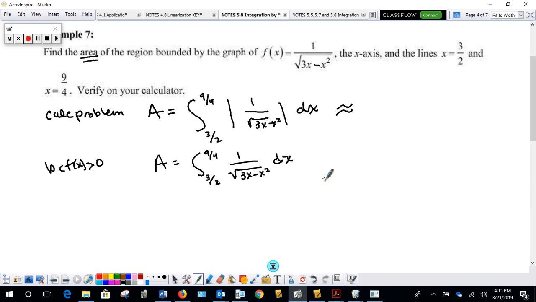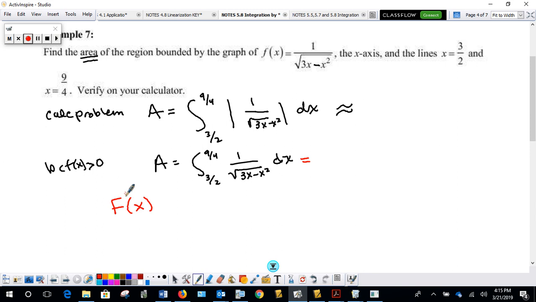Now, we haven't talked about these definite integrals yet, but coming up in our notes, we're going to talk about how we do this problem. And this is what's called the fundamental theorem of calculus, is that we are going to assume that some function capital F of x is going to be the antiderivative of this.